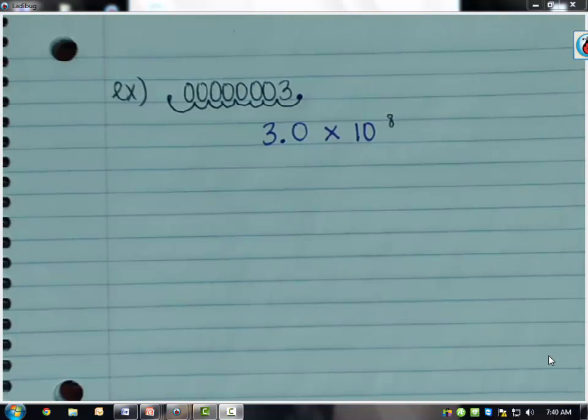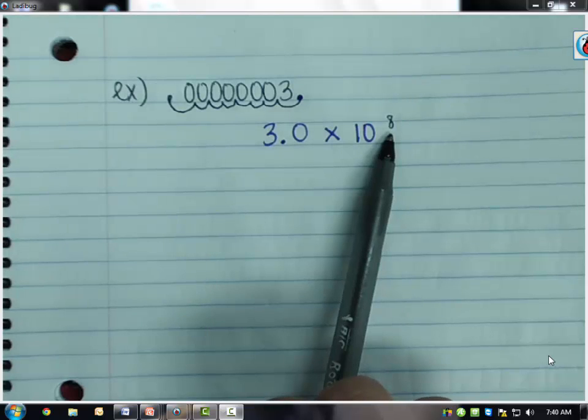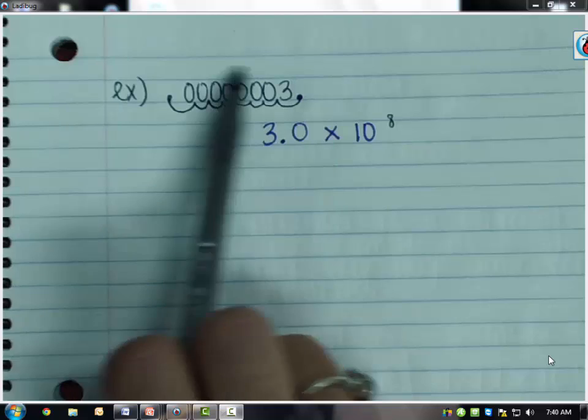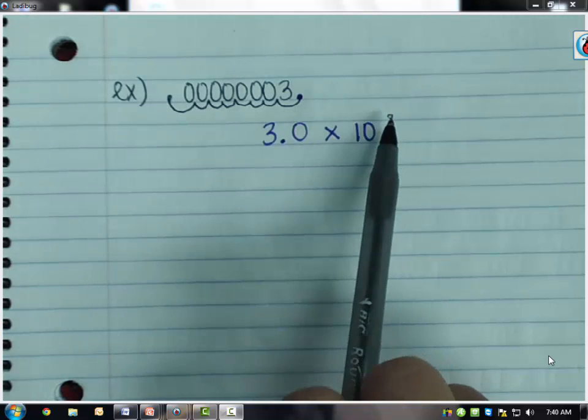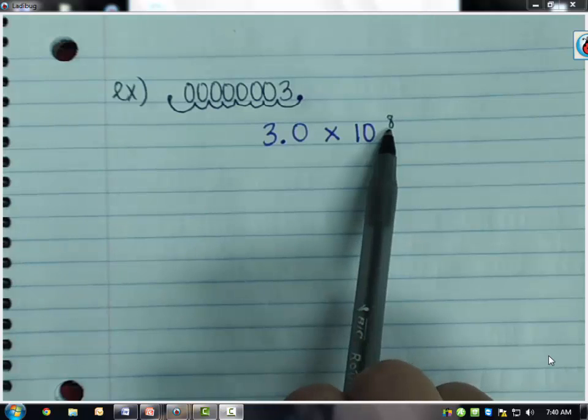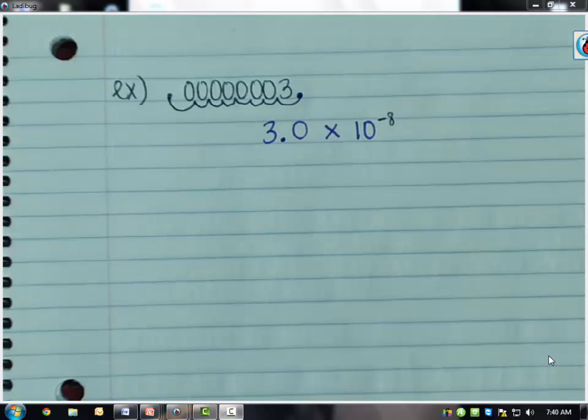We know we moved our decimal 8 places, so our exponent's going to be 8. But if you notice, this is a smaller number than we were just talking about. The other number was huge, so it's probably not going to be a positive 8. It's going to be a negative 8, and I know that makes no sense, but please hang on with me for 2 more seconds. I'm going to explain why.